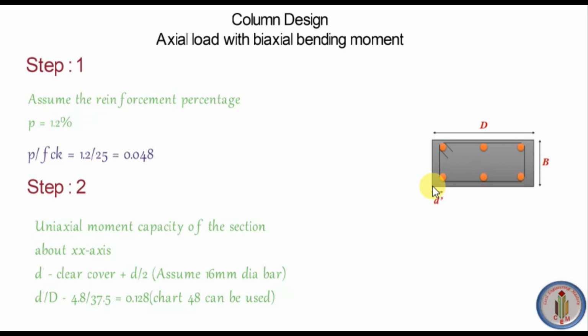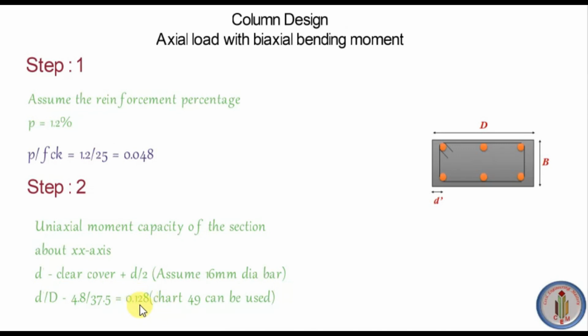So D dash is from the outer face to the center of the bar. So 40 plus 16 by 2, which is 48 mm. Here we are taking the values in centimeter, that is 4.8. So D dash by D is equal to 4.8 divided by 37.5, which is 0.128.